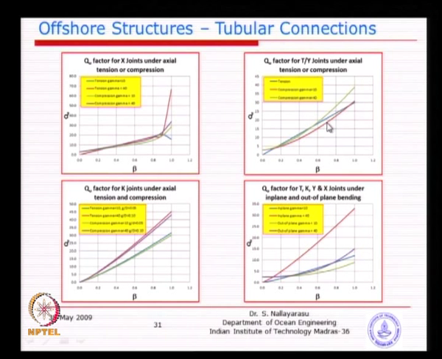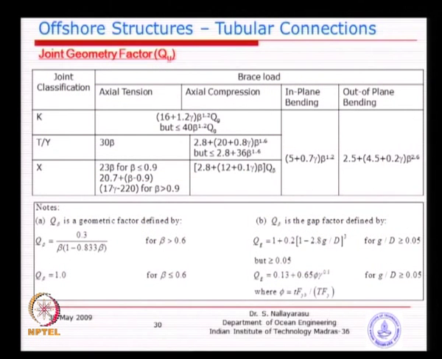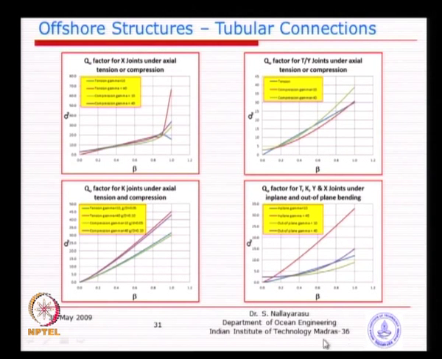The blue color is basically the tension. It is almost linear because it is 30 times beta, whereas the compression varies non-linearly because it varies by a power of 1.6. The values range from 0 up to somewhere around 35 for compression loading.